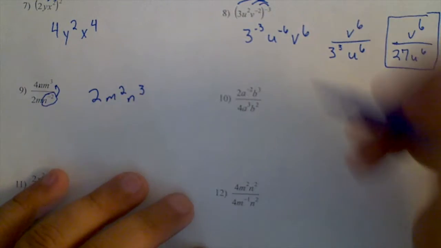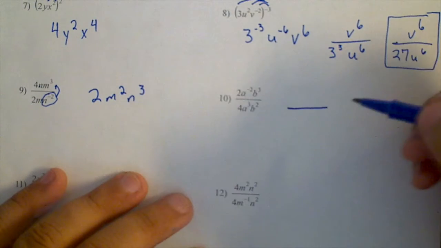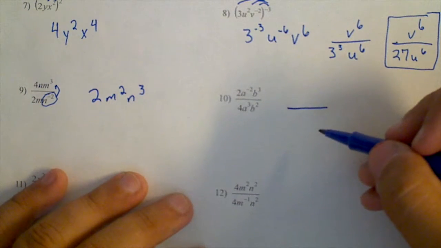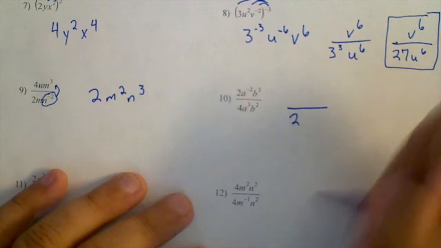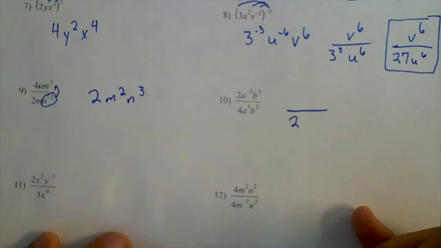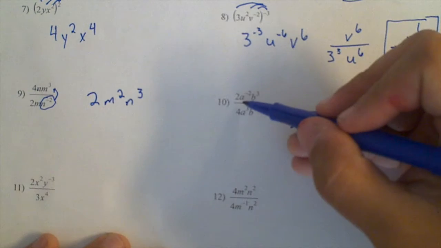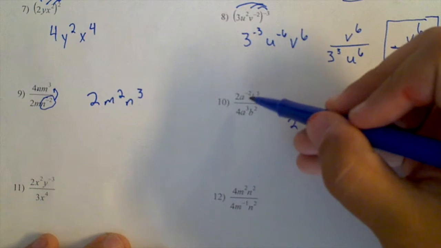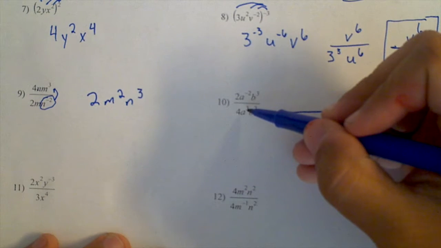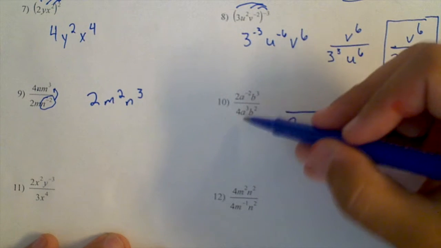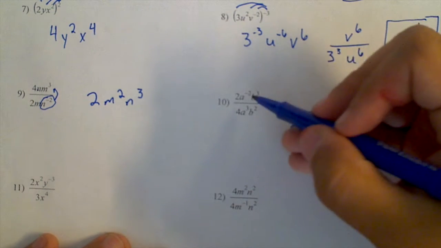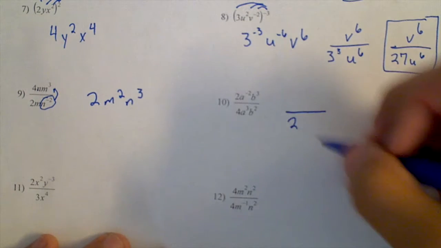For 10, I can simplify 2/4 to be 1/2. So I'm going to go ahead and just put my 2 on bottom. The a's is kind of like the n's on the previous problem. A to the negative second on top, it's going to move to the bottom and become positive. So there were already 3 a's on bottom. The 2 from the top are coming down to the bottom and joining it.